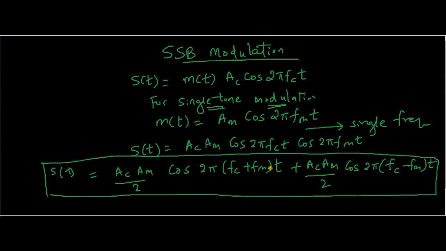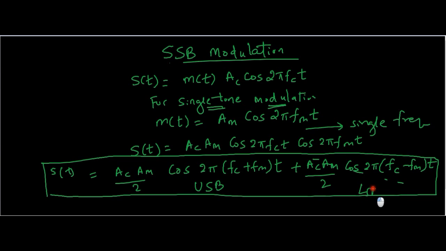For SSB it is simple. If USB is transmitted, then our equation will be just up to here, that is Ac Am by 2 cos 2 pi (fc plus fm) t. Ignore the other part if USB is generated. And ignore this part if we transfer only LSB.